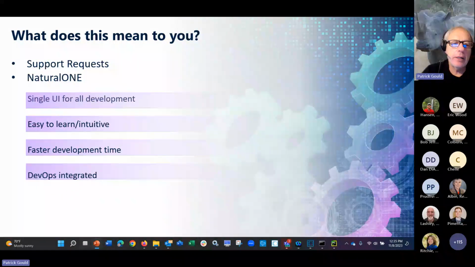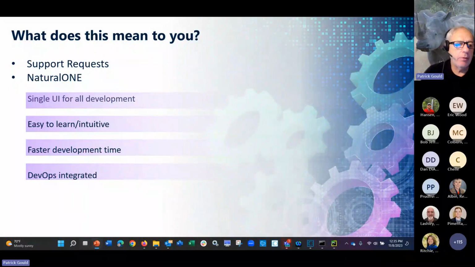So the highlights of Natural One is a single UI for all development. It consists of perspectives and views. Some people say it's not easy to learn and it's not intuitive, but I would think once you get used to Eclipse, it's not Natural One, it's Eclipse that takes a little bit of time to figure out in your brain all the new features you have and just work out what works best for you.